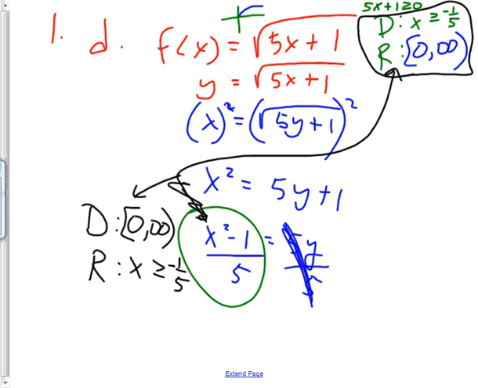All right. So there's 1D. Now let's do one on the other side. Everybody flip it over, please. And let's do the first one there. 2A. It's a pretty normal problem. It says f of x is 3x minus 2. And g of x, you know what? Wait a minute. That's an easy one.